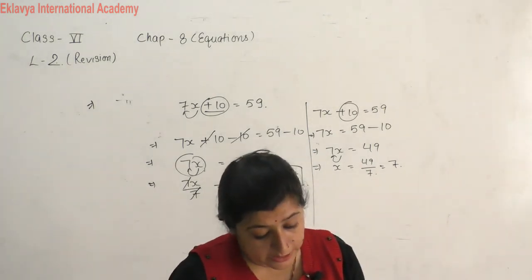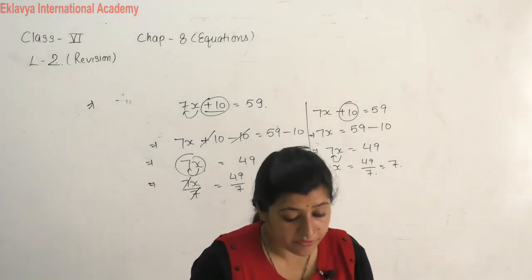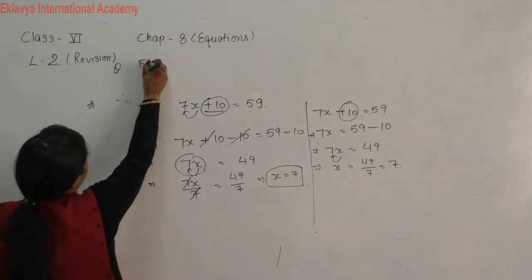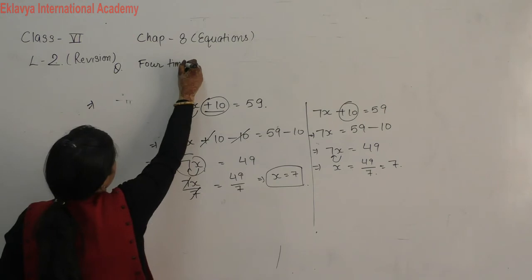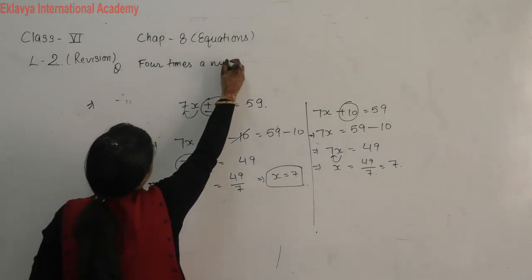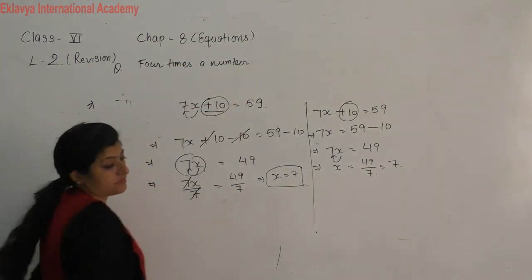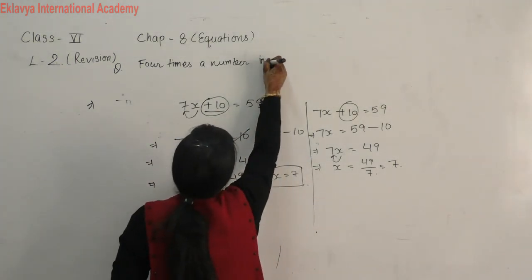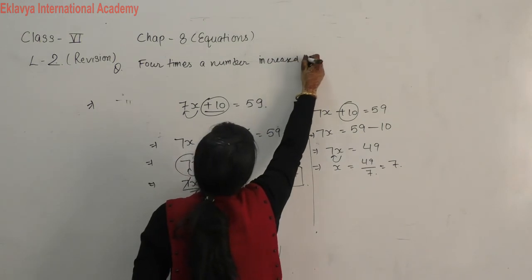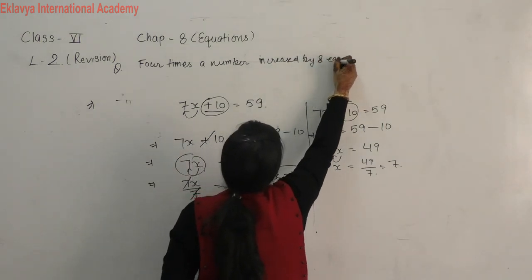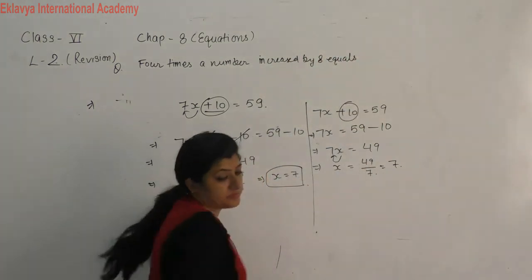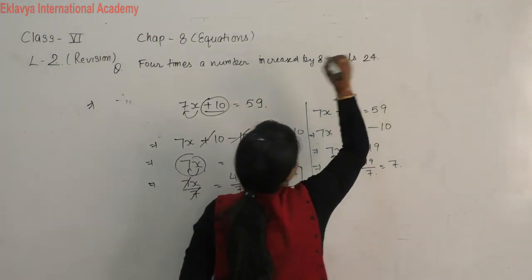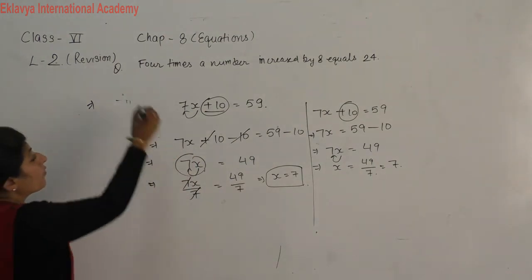Translate each statement into an equation, then find the number. 4 times a number increased by 8 equals 24. 4 times a number.